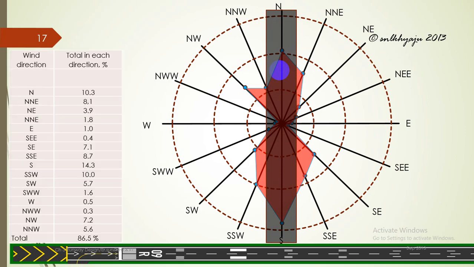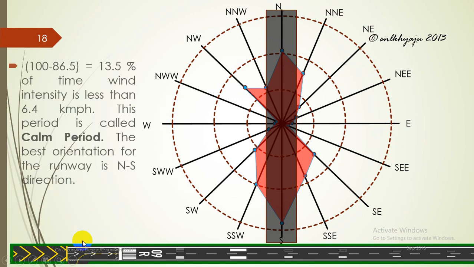In this case the total sum of the percentage considered equals 86.5 percent. Therefore 100 minus 86.5, that is 13.5 percent of the time wind intensity is less than 6.4 kilometers per hour, that is the calm period. And in this case the best runway orientation is the north south direction.